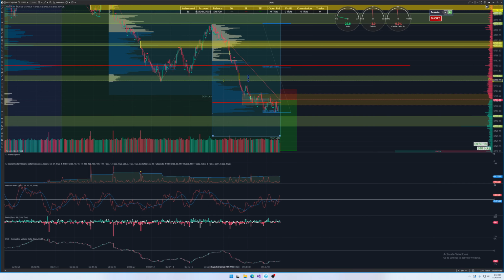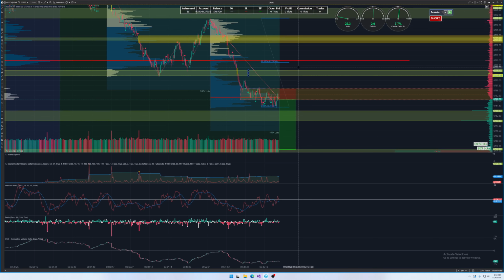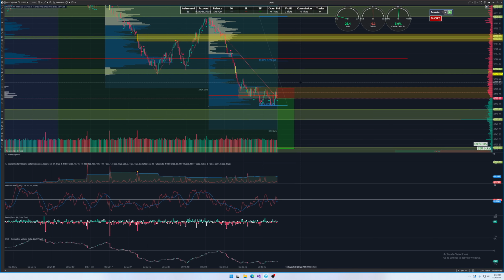That's this high volume node here. And this is the point of interest here. But it went through here quite straight. I got another indicator somewhere which shows the middle, the POC of these candles here.